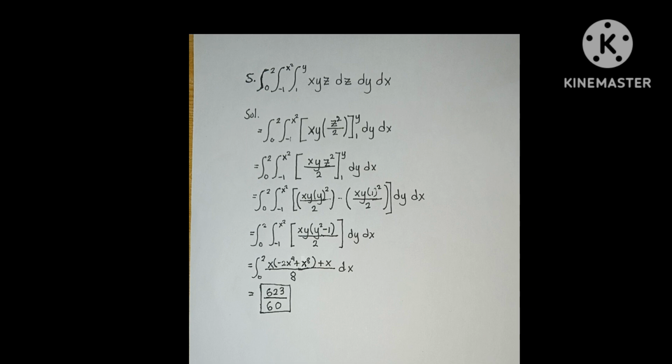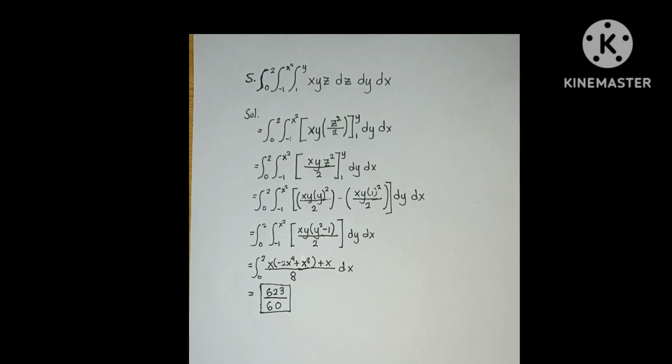So we have xy times y squared over 2, minus xy times 1, since our z is 1, so 1 squared over 2.